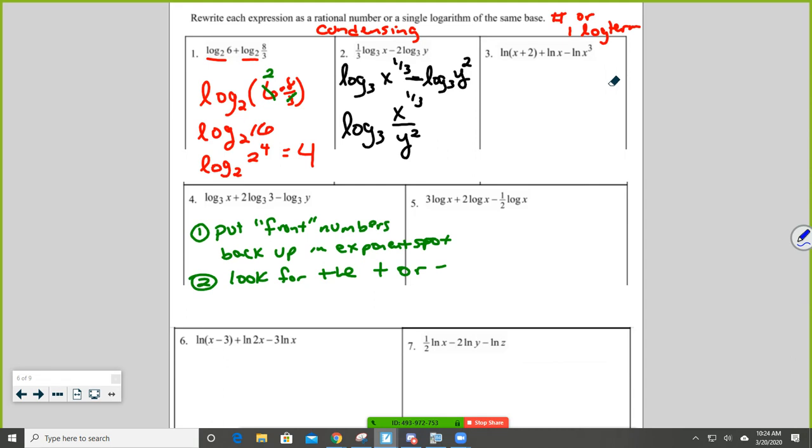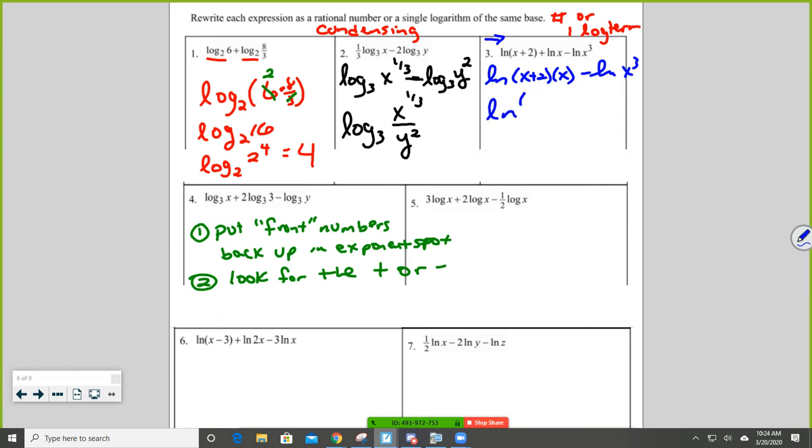Now, some of these, do you have a question? Notice this had 2 parts, this had 2 parts, this has 3 parts. So you're going to go this way, just like you read, and look at it. Plus means multiplication. So I'm going to have the ln of x plus 2 times x. Now, they're both ln. I've got a minus sign.